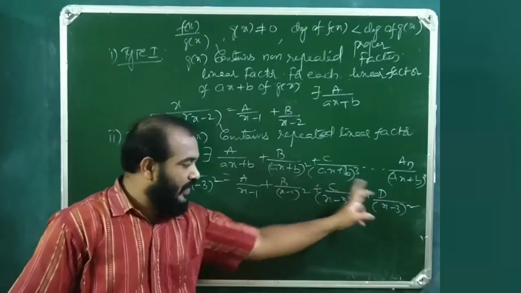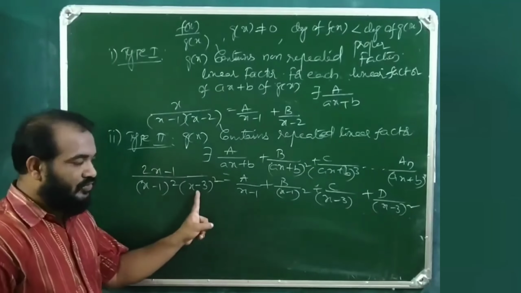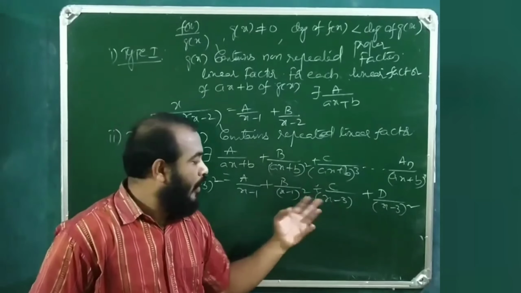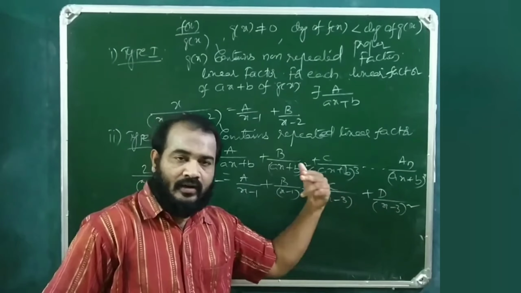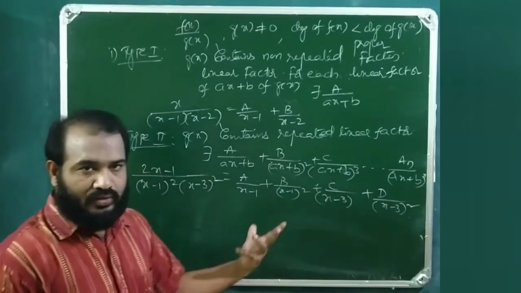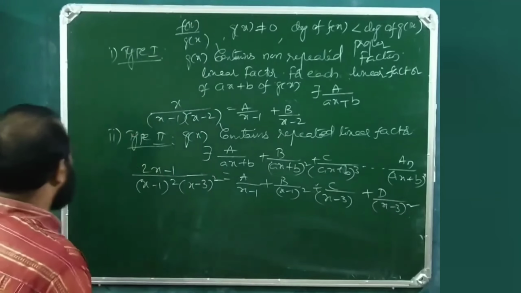Here A, B, C and D are to be evaluated. Here x equals 1 and x equals 3 have to be substituted, and among the 4 we will be getting any two constants. The remaining two constants will be obtained by comparing coefficients on both sides.